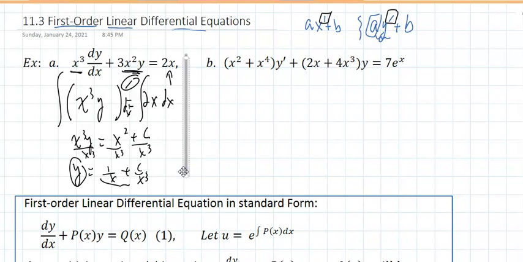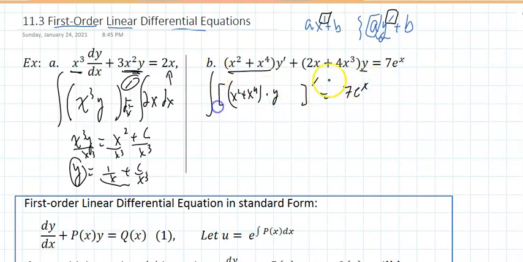And somebody made the same observation here. Somebody looked at this and says, wait a minute. If I take a derivative of this, that's this right here. And if I take a derivative of this, that's this right here, which indicates somebody must have applied the product rule. Somebody must have taken the derivative of, and again, x squared plus x to the fourth times y.